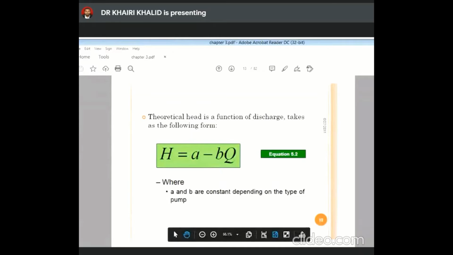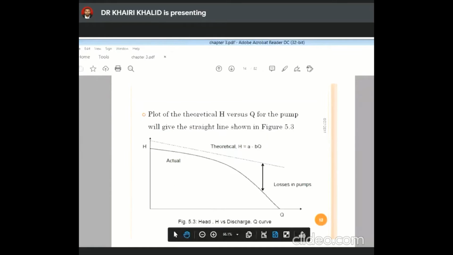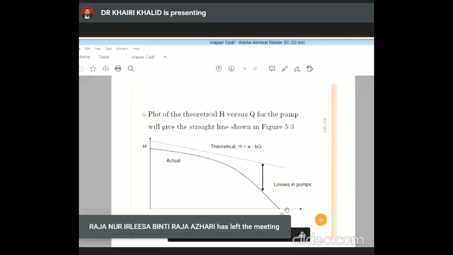So in terms of the equation, H is equal to A minus BQ. This is the theoretical graph. But for the actual pump, instead of a straight line, there is a curve. Why is it a curve? Due to the losses in the pump.